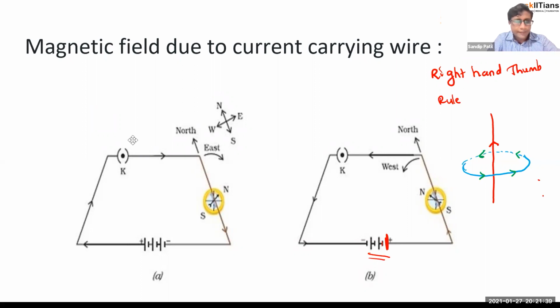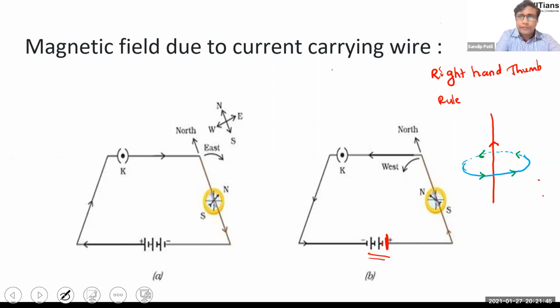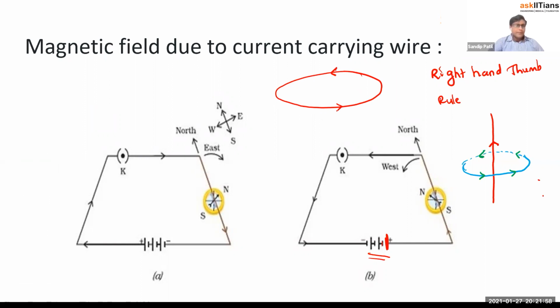Okay. Then let's take another example here. If this is the coil, it is like this, right? And now in this coil, current is flowing like this. Okay. So I want to find the direction of the magnetic field. Now we are going to use the same rule, right hand thumb rule, but we are just going to use some different notations. In the initial case, the thumb represented the direction of the current.